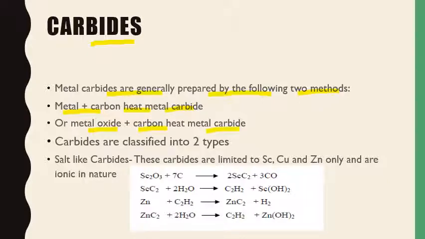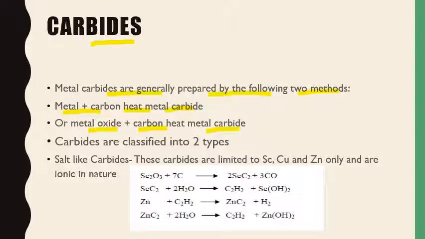So as with the sulfides, the carbides can also be produced by two methods: directly heating the metal with carbon, or heating the metal oxide with carbon, which produces the metal carbides.